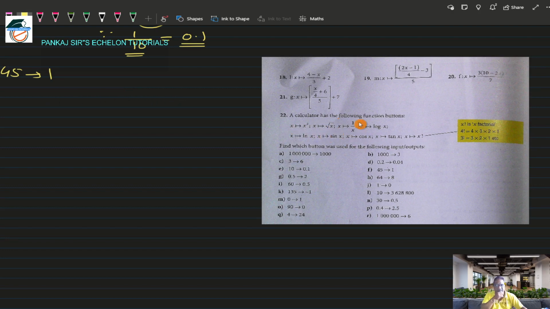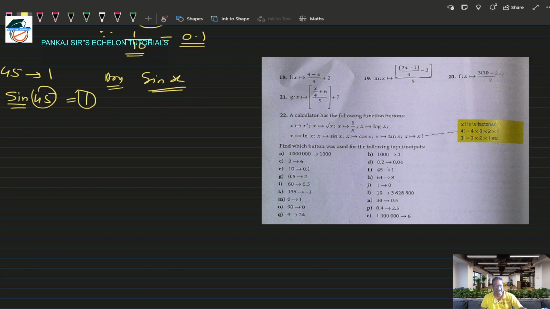So from the functions given over here, which one will you pick? It's very obvious that sine, I know sine of 45 is equal to 1. It's a trigonometric function. So this is my input, this is my output. So the function is sine x. So the answer will be sine of x. When you press this button on the calculator, sine of 45, you will get the answer as 1.